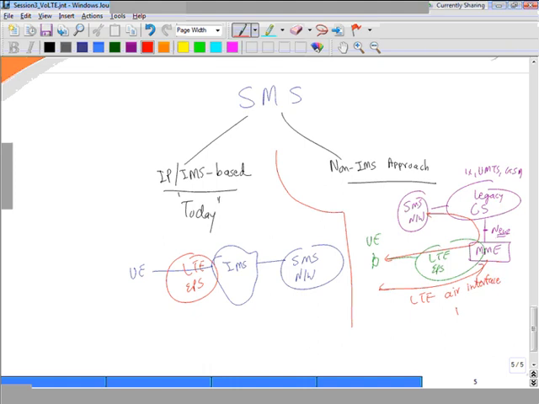And signaling messages that we exchange between the UE and the MME can contain SMS. So that is one approach. This we will cover later in another session. And today we will look at the IMS-based approach.